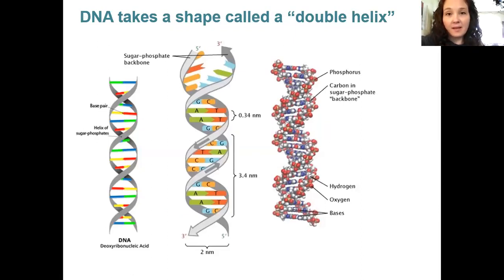The shape of DNA is called a double helix because there's two backbones of sorts, and they twist around each other in a helix shape, which is a spiral staircase shape. It looks like a spiral staircase because the bases are in the middle, like the steps, being protected from the environment, and the backbones are on the outside, sort of like the handrails.